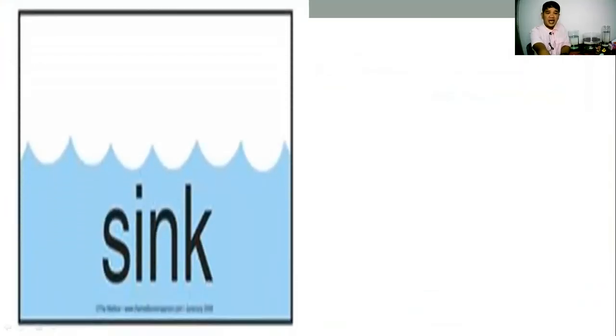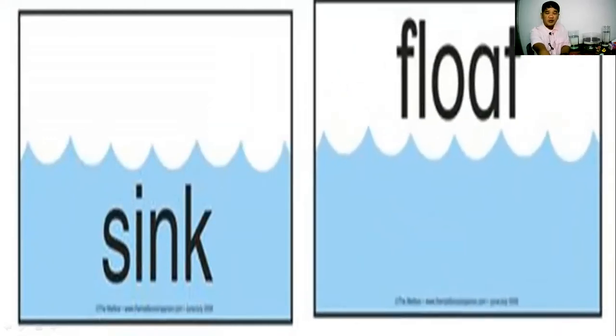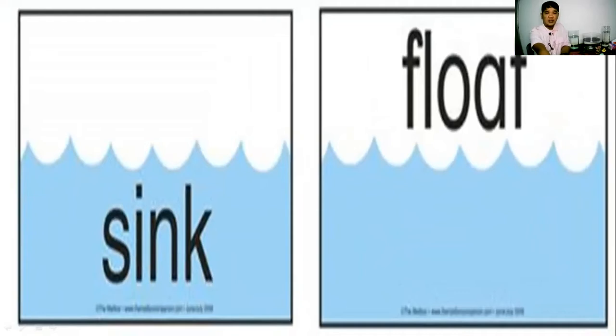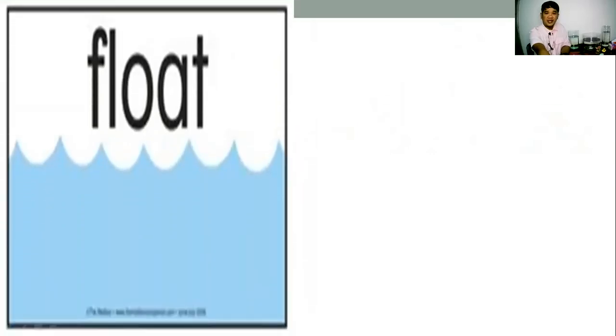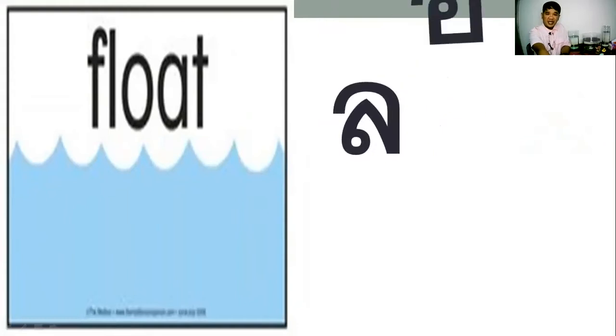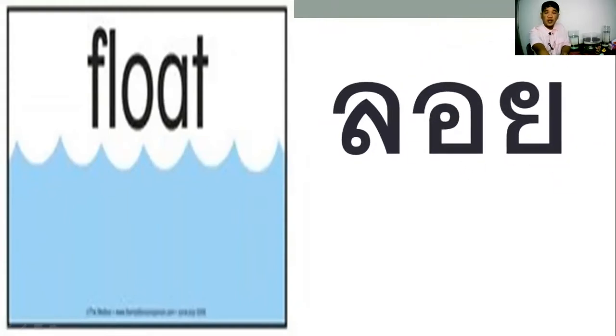This is an object that represents sink, and this one represents float. Everybody say sink. Very good. Everybody say float. That's right. This is the meaning of float when we translate it into Thai.